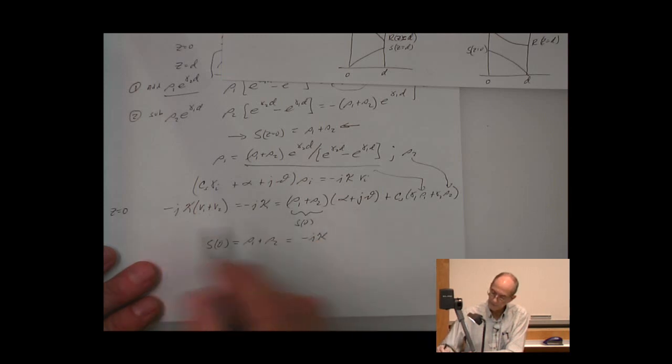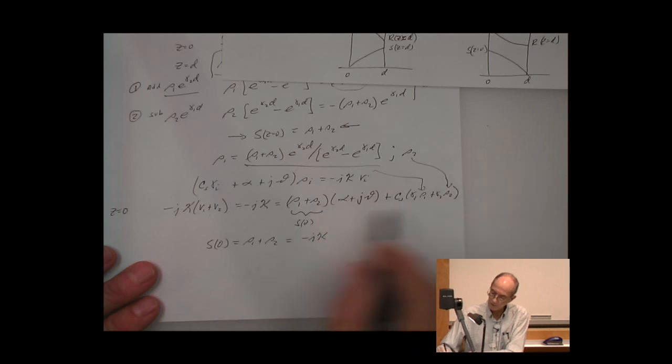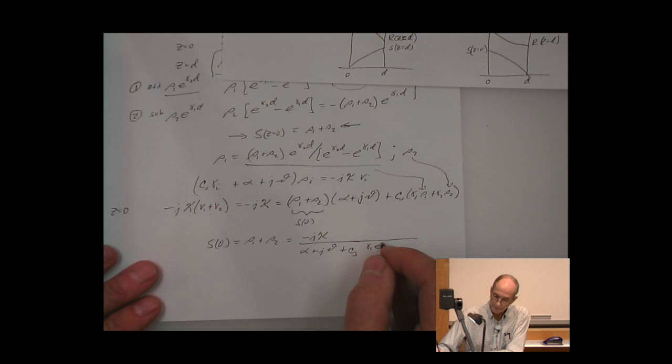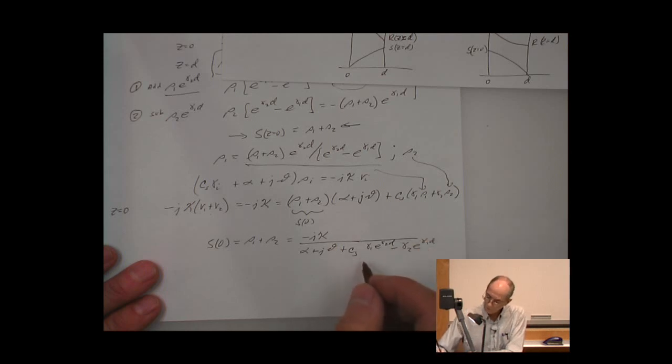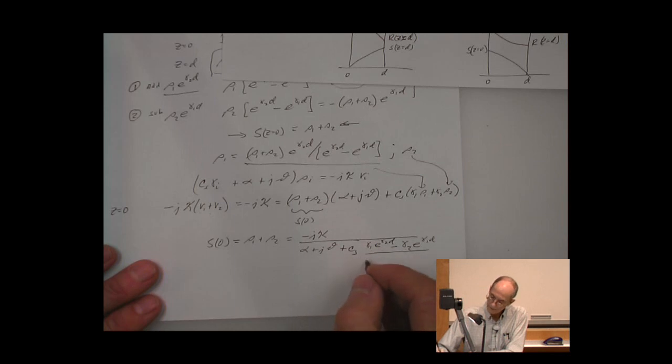So we divide everything. We're going to have a S1 plus S2 in both of these, factor it out, and then divide it out. So we have minus j kappa over alpha plus j times the detuning parameter plus c sub s, and then we end up with gamma 1 e to the gamma 2d minus gamma 2 e to the gamma 1d over e to the gamma 2d minus e to the gamma 1d.